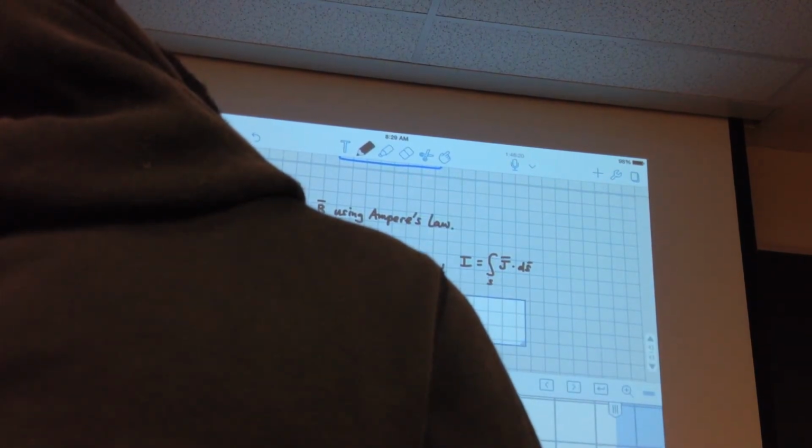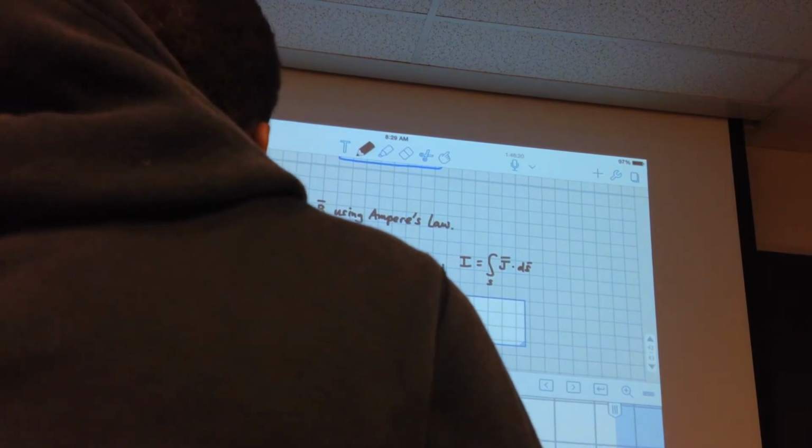So, the contour integral is a line integral. The magnetic field, now we don't know what it is, but we can put a symbol for it. It's in cylindrical coordinates, it's in the phi hat direction, and the symbol we use is H phi. And then the differential length around that contour is phi hat r dphi.